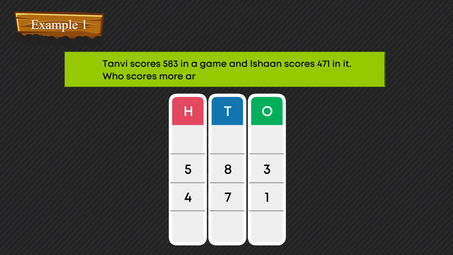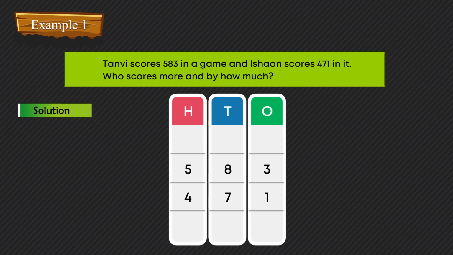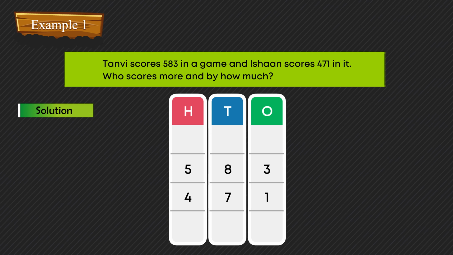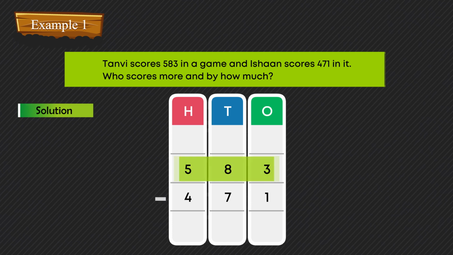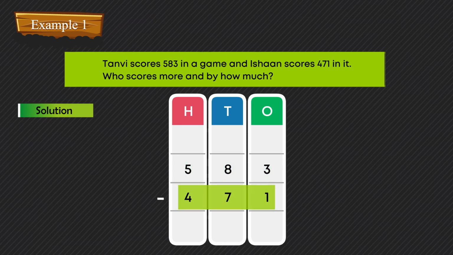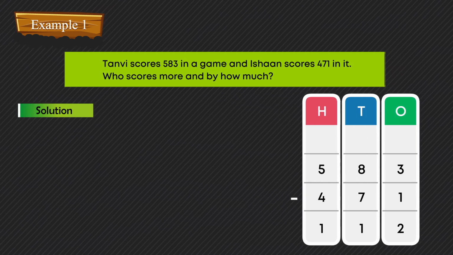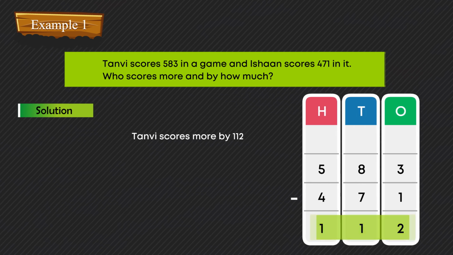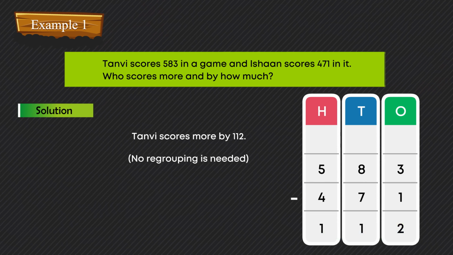Who scores more and by how much? Solution. 583 minus 471 is 112. Tanvi scores more by 112. No regrouping is needed.